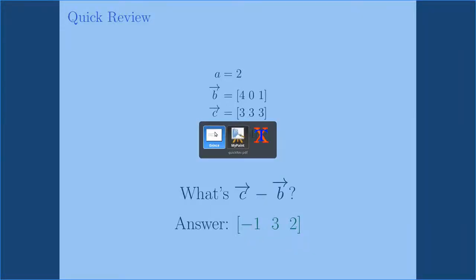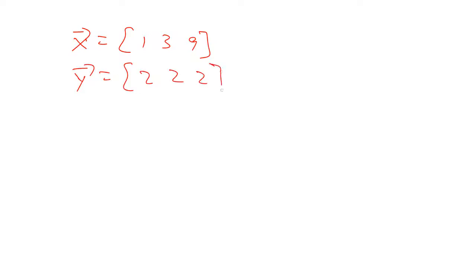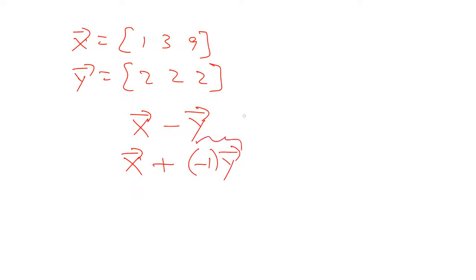So if you want to think of this in terms of what we have learned, if I take x being 1, 3, 9, and y being 2, 2, 2, and I say x minus y, that's really the same thing as saying x plus negative 1 times y. And we know how to do that, right? This here is scalar vector multiplication.